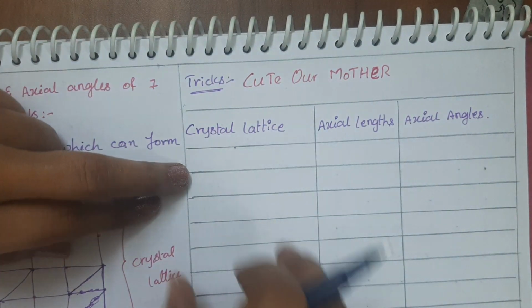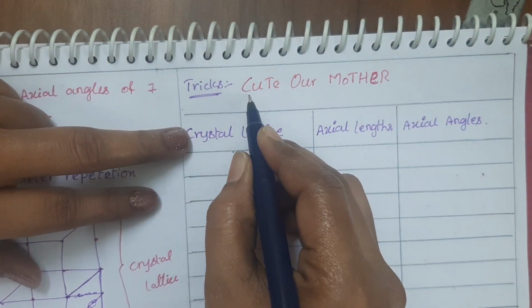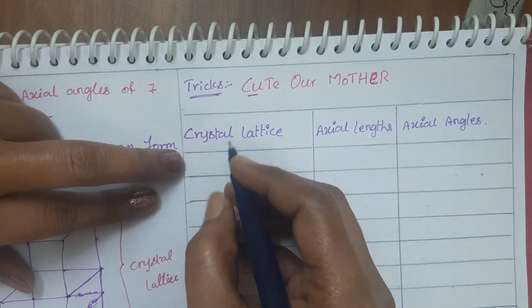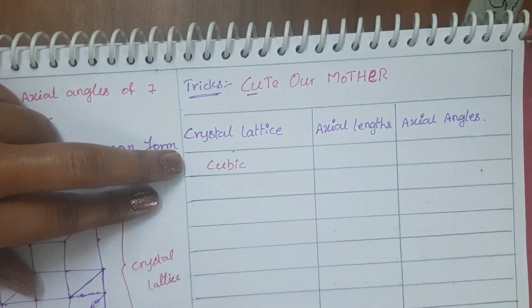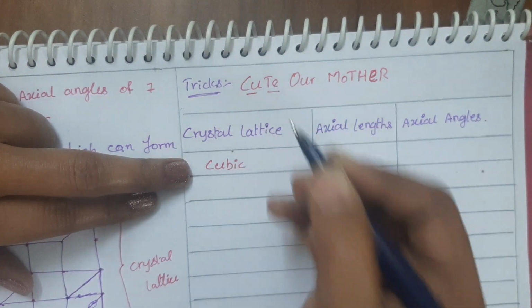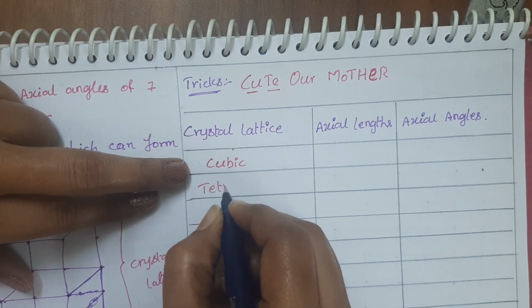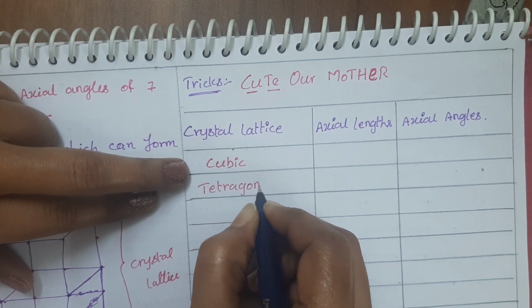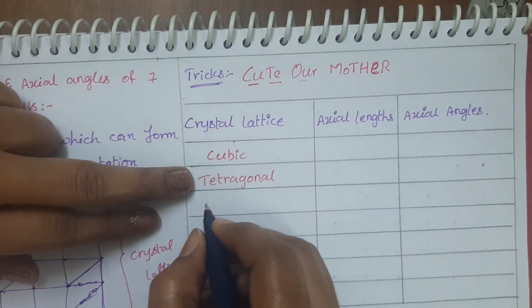First let us write the 7 primitive unit cells by using this code. In this CUTE, first CU represents cubic. The first unit cell name is cubic. And TE represents tetragonal. And next OUR means orthorhombic.